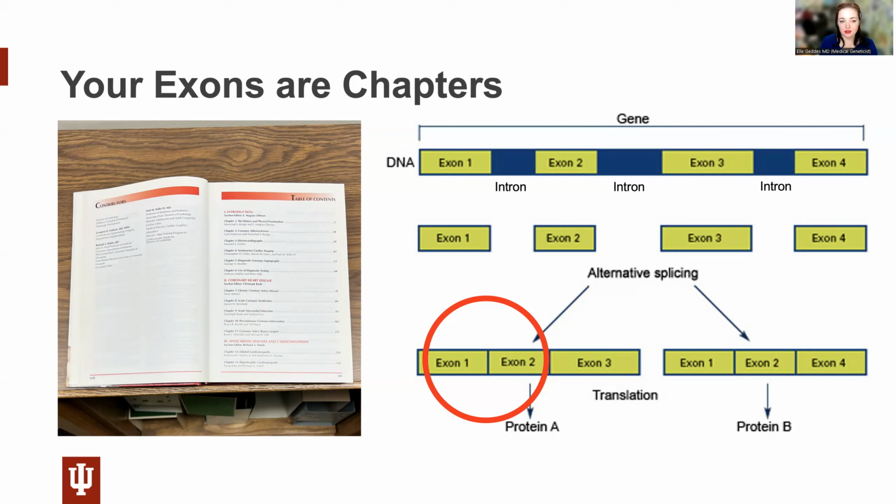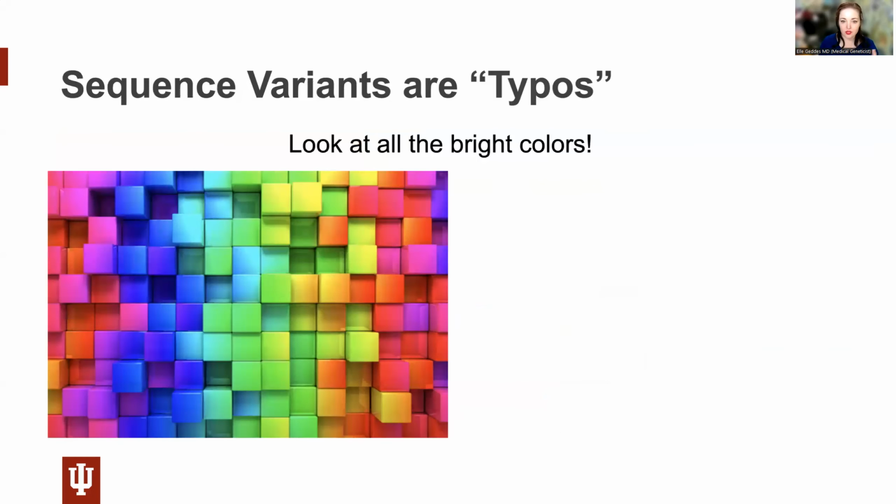And the reason these names are a little important is it sort of goes into the next parts that we look at. When we're reading through the chapters and really all of the gene, we look for sequence variants or typos. And there can be a whole lot of different typos. So if you think of the line, look at all the bright colors, let's say that is the message of our gene.